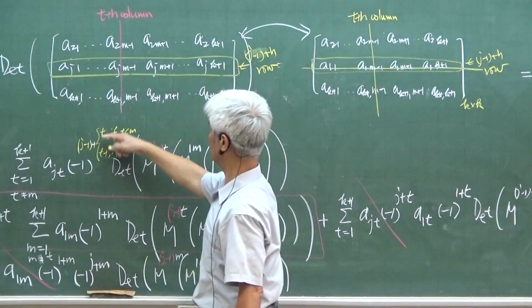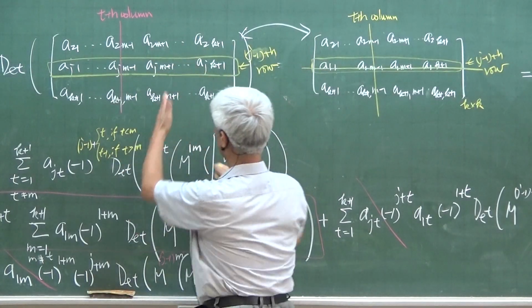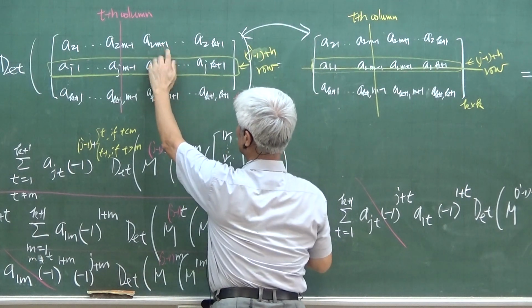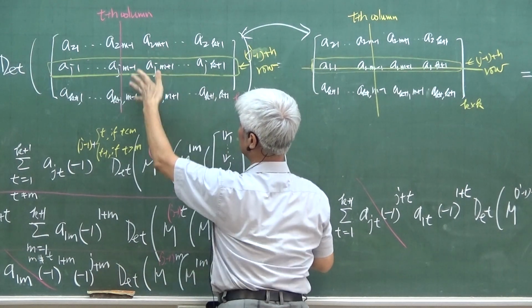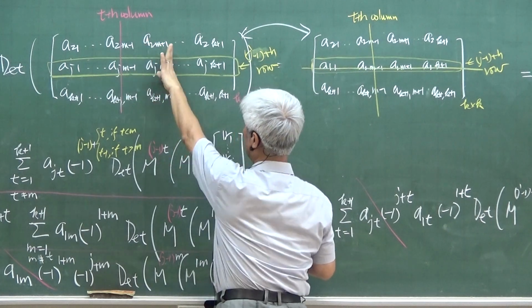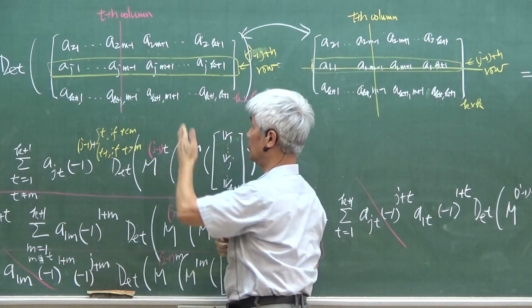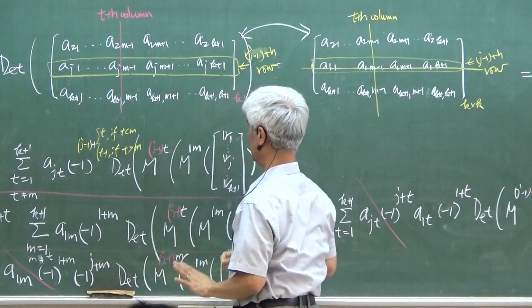Because the column index here, originally this is in the m plus 1 column, but by removing the m's column, this becomes the m's column. So you have to shift a little bit.